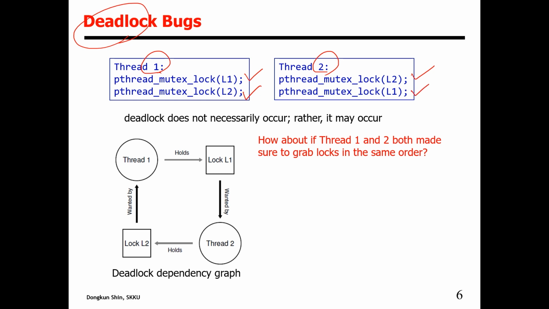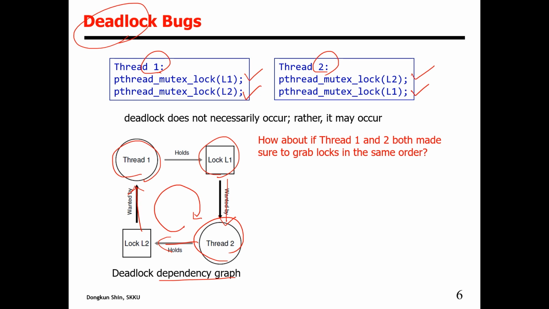Then when these two threads execute concurrently, this case can happen. Thread 1 holds lock 1 and wants to use lock 2, but thread 2 holds lock 2 and wants lock 1. So there is a circular dependency between these two threads.